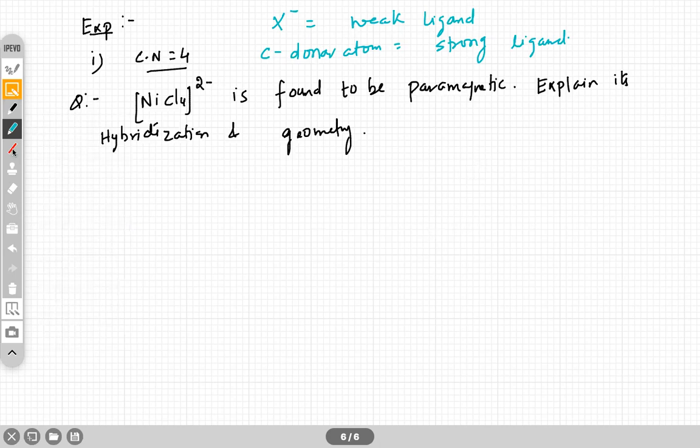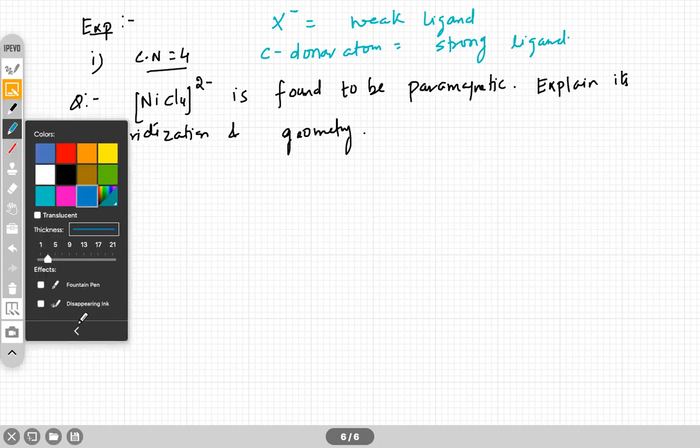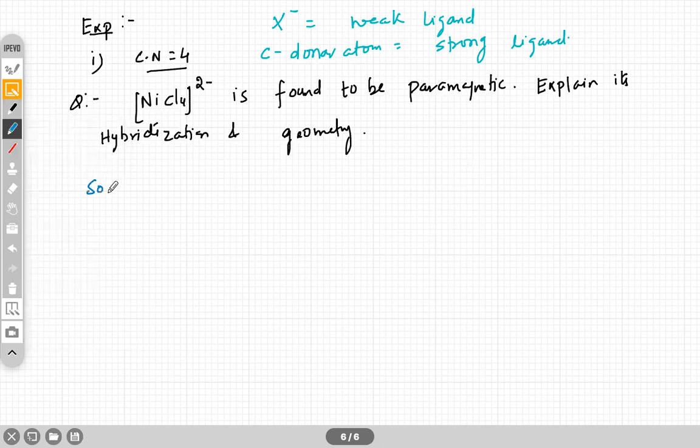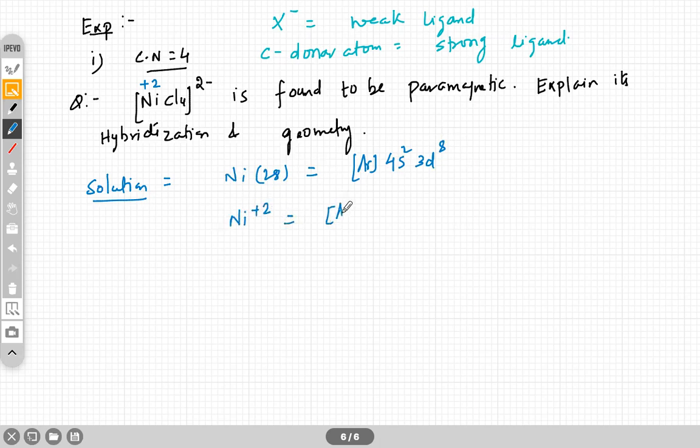Fine. So how do we do this question? First of all, you find out the oxidation state of the metal, which is here +2. Nickel has how many electrons? 28. If you draw the electronic configuration, argon 4s2 3d8. For Ni2 plus, this would be argon with 3d8.